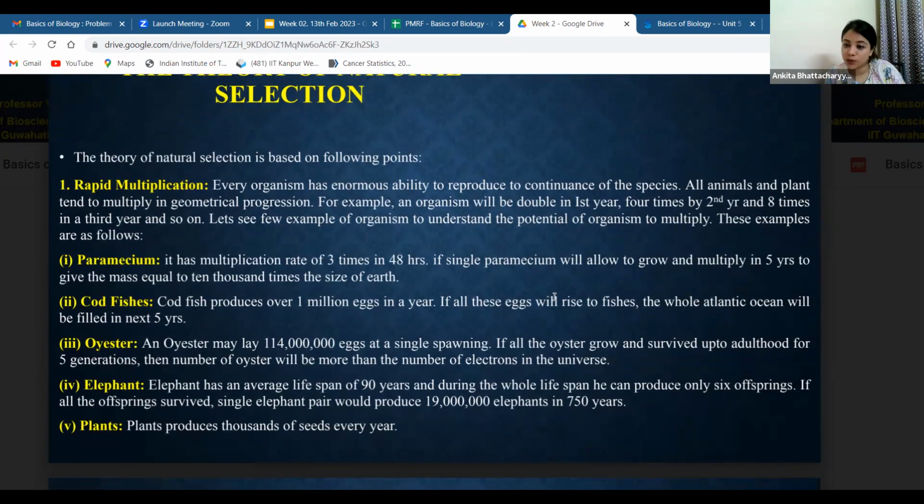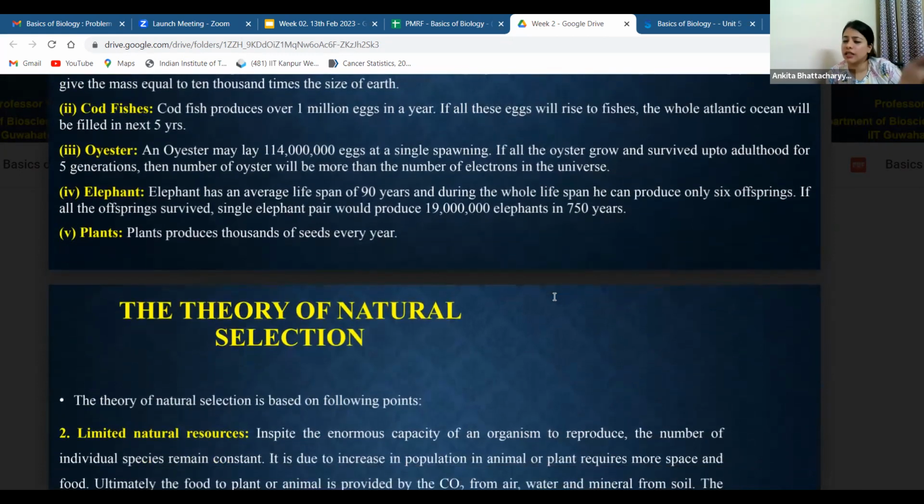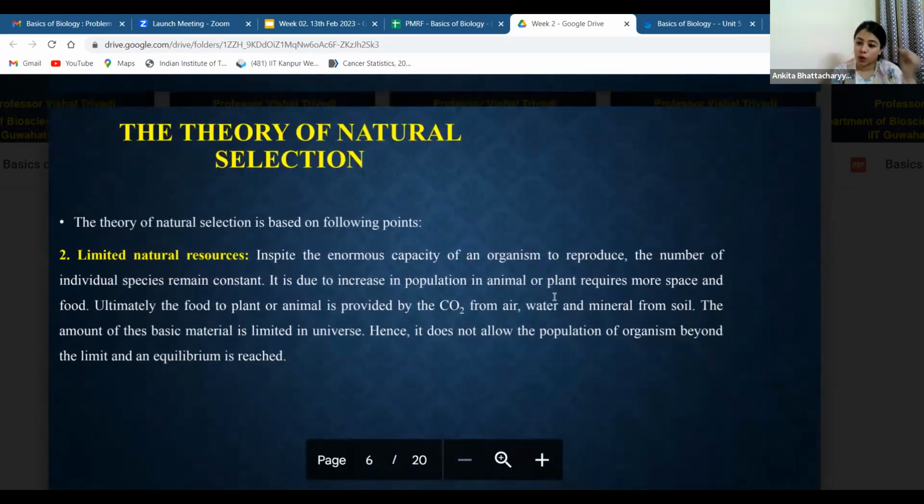He had several inputs which he believed were supporting his theory, including rapid multiplication: organisms are continuously trying to reproduce, to extend their race, and to survive. That was his first idea, and he gave examples of several animals. Second, resources. If every organism was capable of limitlessly undergoing division, then there shouldn't be a problem.